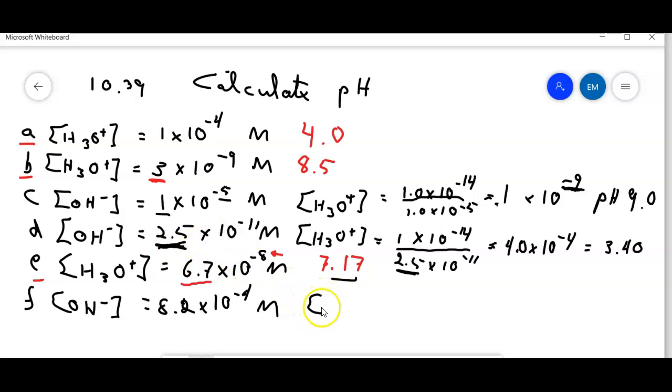So the H3O plus is equal to 1 times 10 to the minus 14th divided by 8.2 times 10 to the minus 4th.